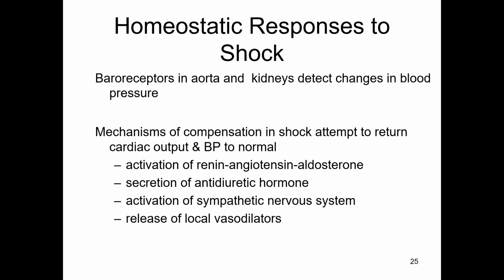The body's response is kind of predictable. If we have hypovolemic shock or inappropriate vasodilation, moving more fluids into the blood vessels makes sense. So the renin, angiotensin, aldosterone system is activated, along with secretion of antidiuretic hormone.